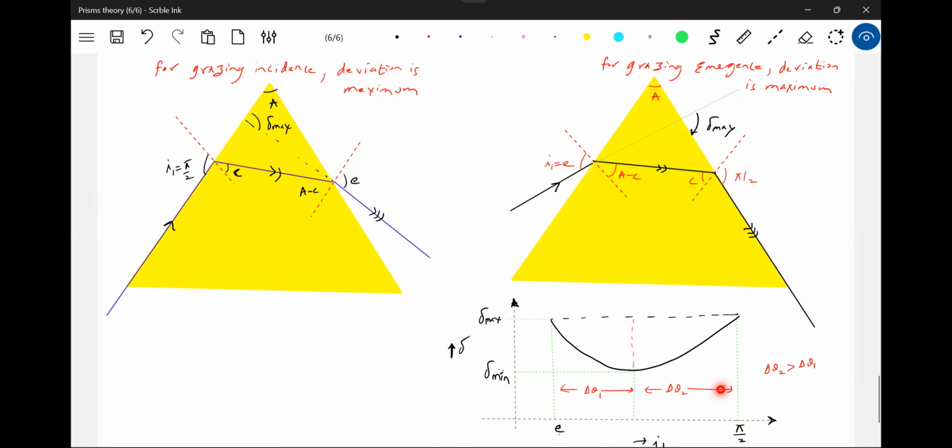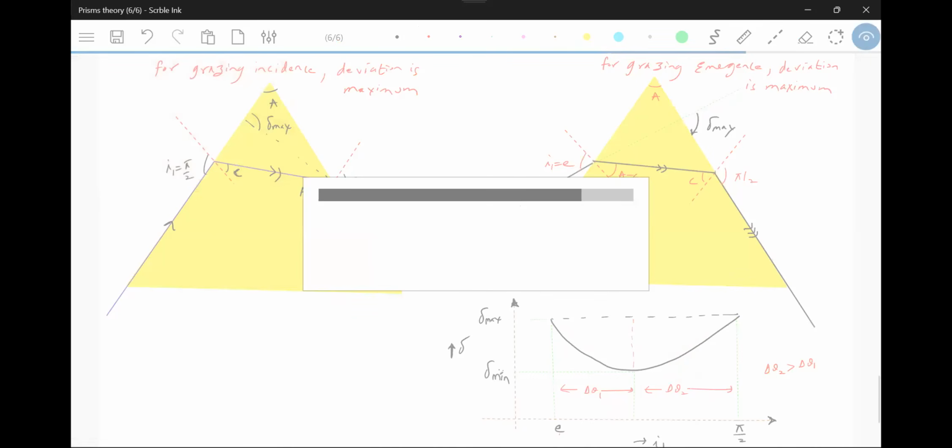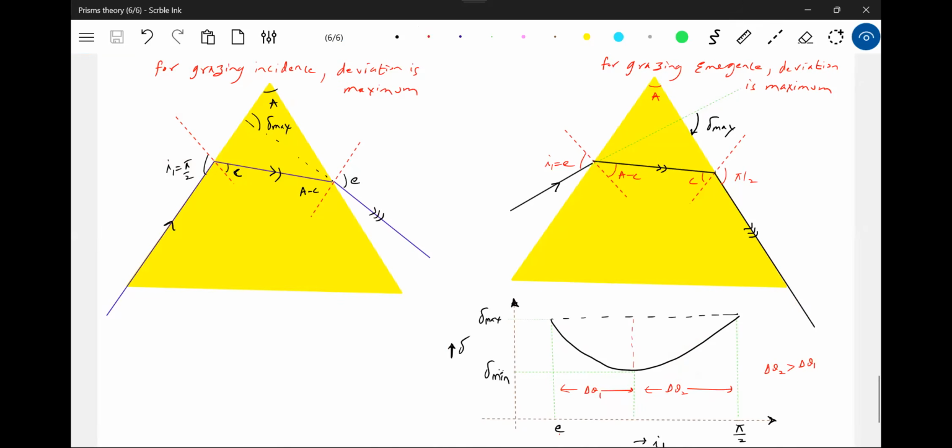The curve should not be symmetrical, so you should not show these two parts as symmetric. So that's the basic idea of the maximum deviation concept. Minimum deviation, maximum deviation, it has its own applications.